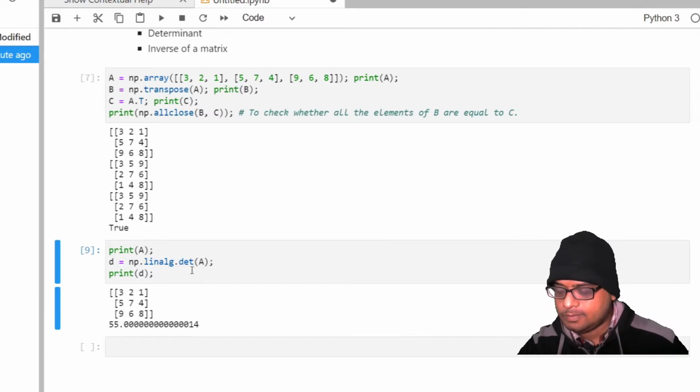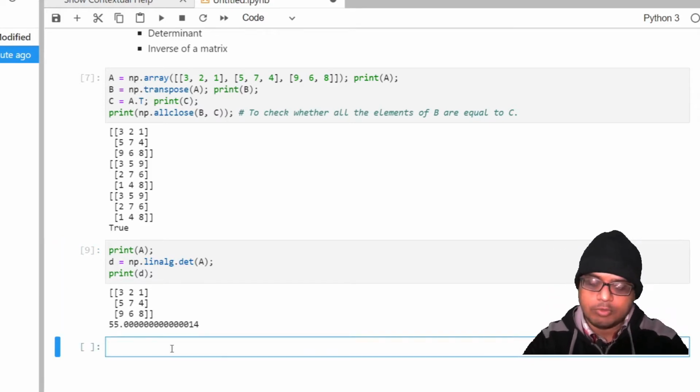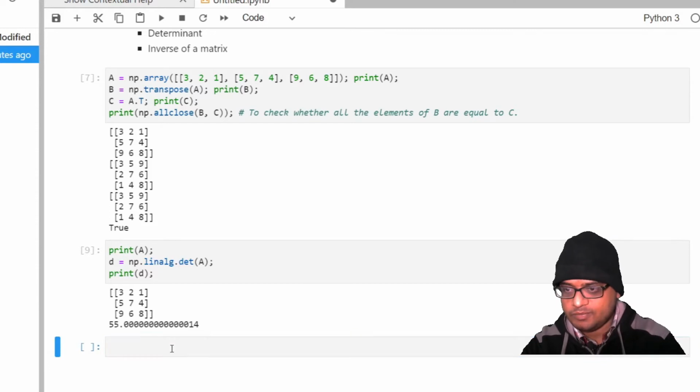So let us look at a very important property of two matrices.